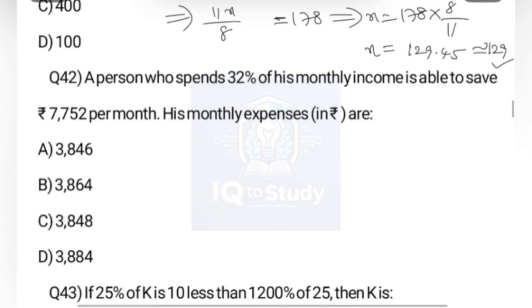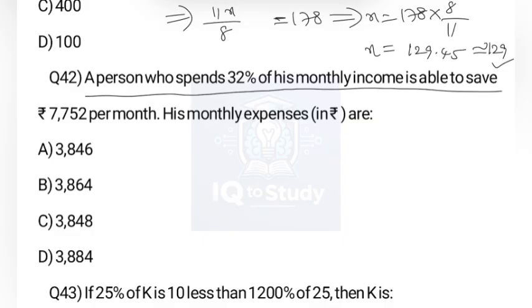A person who spends 32% of his monthly income is able to save 7,752 rupees per month. His monthly expenses are given. He spends 32%. So the remaining is 68%.